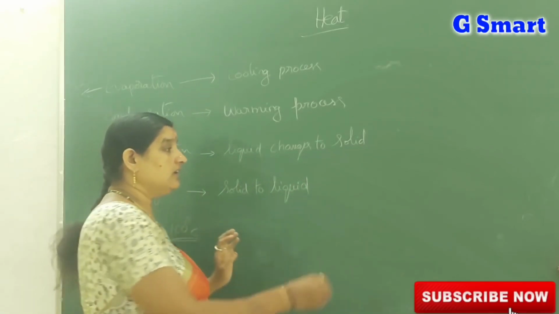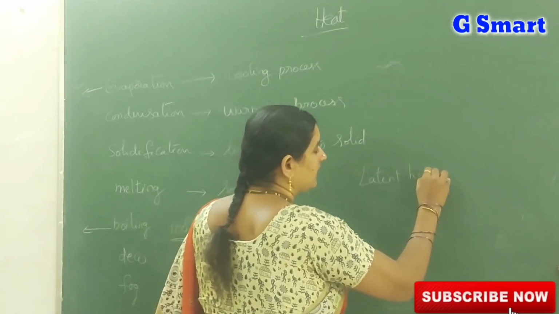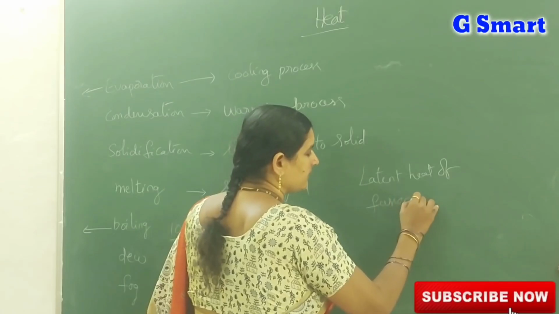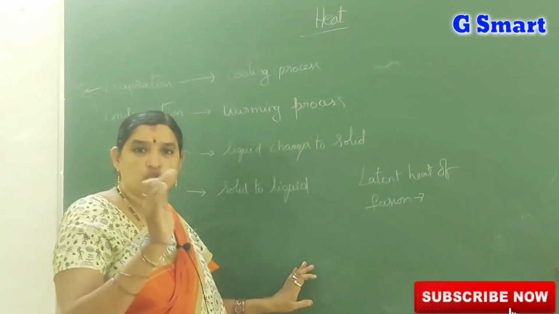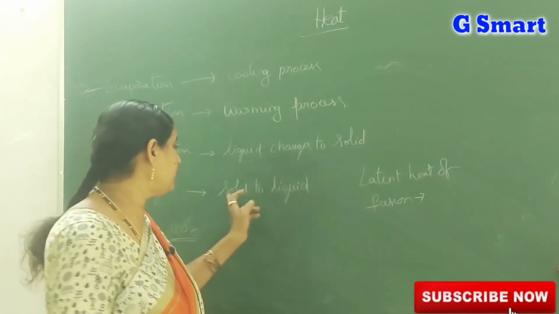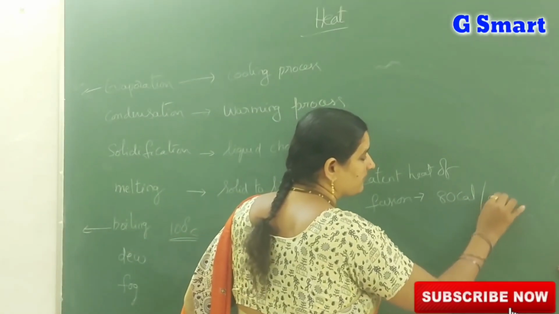So, that is called latent heat of fusion. What does it mean? The heat energy used to change its state only, not raising temperature. The latent heat of fusion for ice is 80 calories per gram.